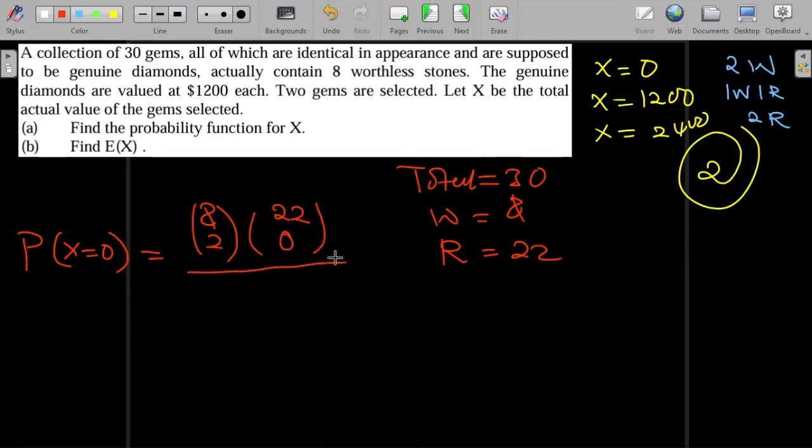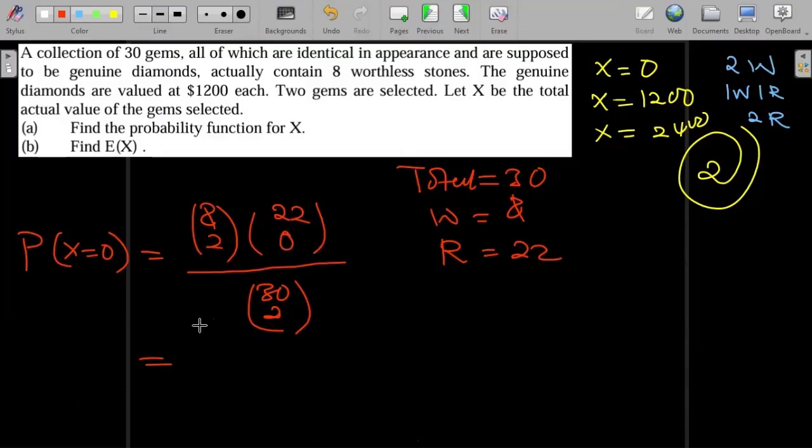I divide this by the total probability. So I'm selecting 2 from 30. That's the total, so it will be 30 combine 2. What you need to do now is just punch these things onto your calculator. 22 combine 0, any number combine 0, is just 1, and then 8 combine 2.